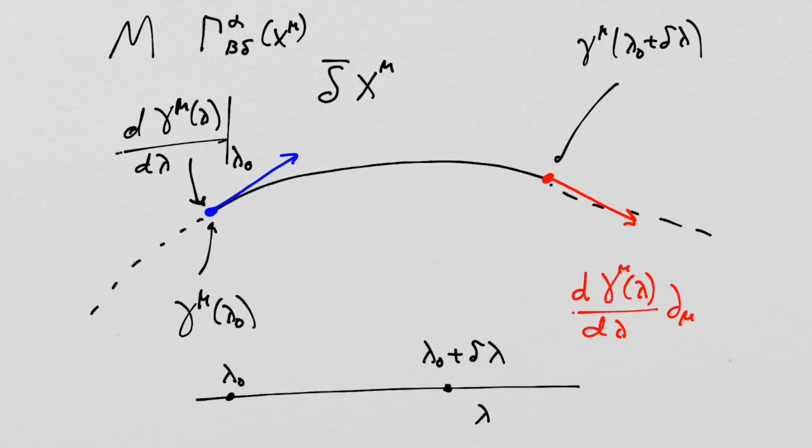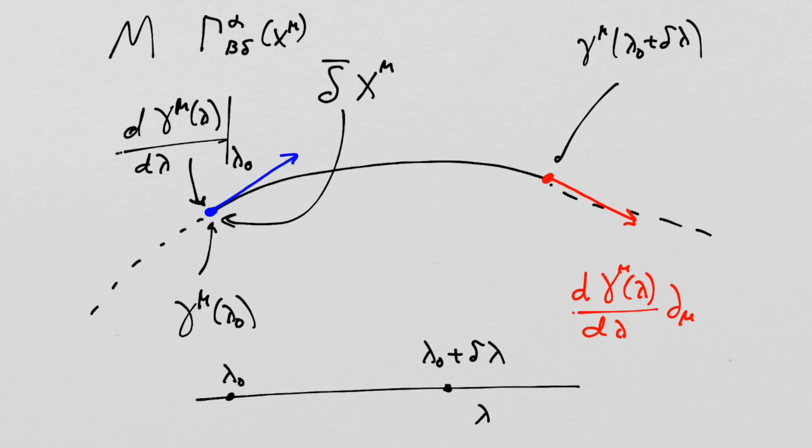Presumably this vector x mu is at this point here. In this case the only vector in sight is our tangent vector. But speaking in general terms, if we had a vector field x mu of x, there's some vector at this point, and we're interested in the change in the components of that vector when it's parallel transported to a nearby point.